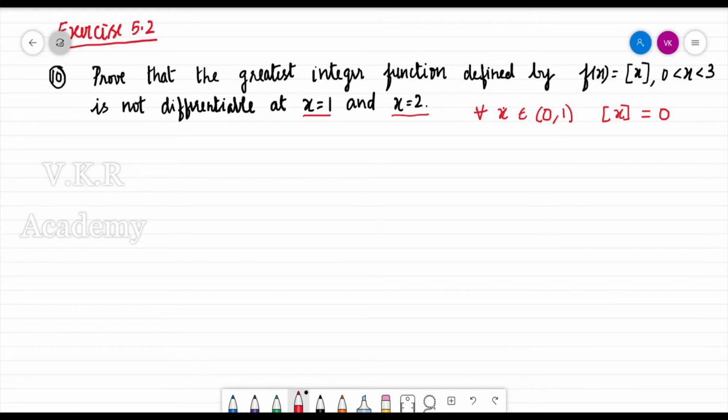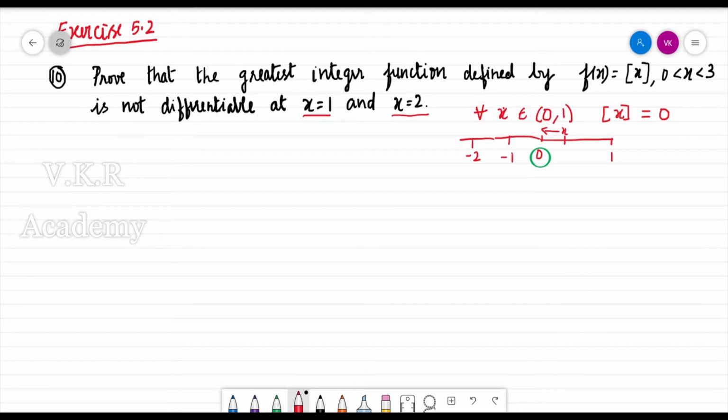So if x lies between 0 and 1, then the greatest integer which is less than x is 0. So the greatest integer function of x for all x in the interval 0 to 1 is 0.